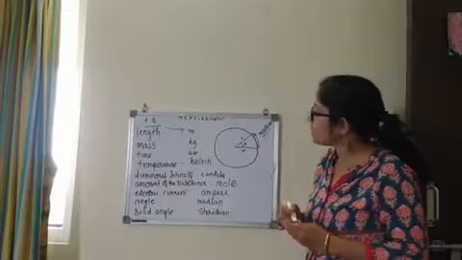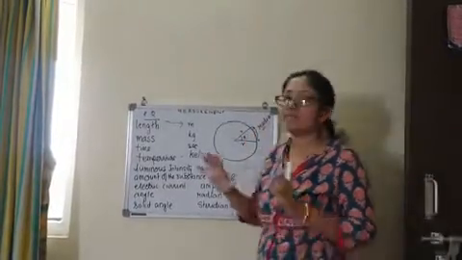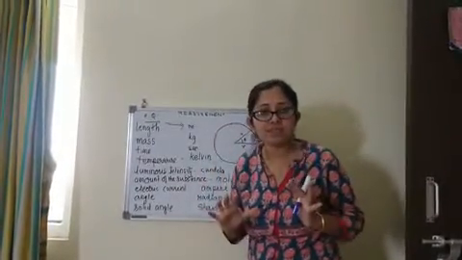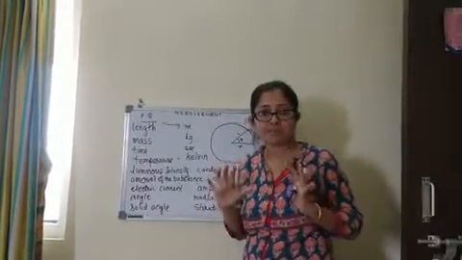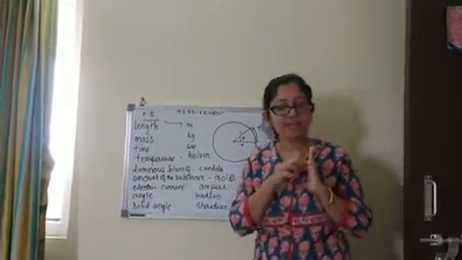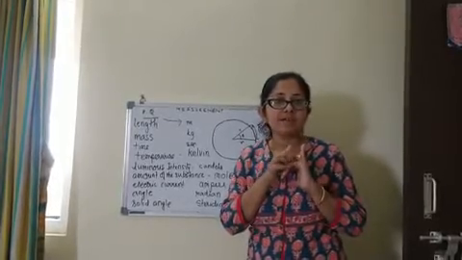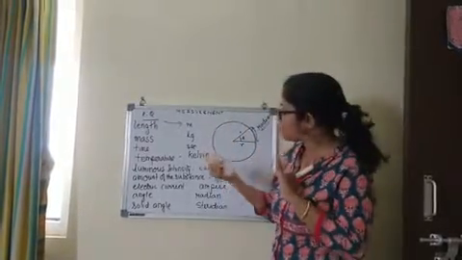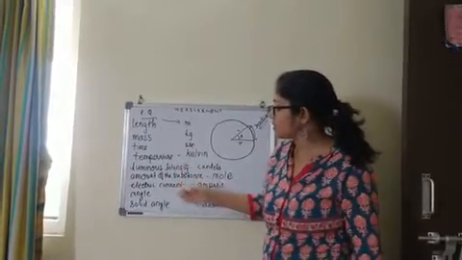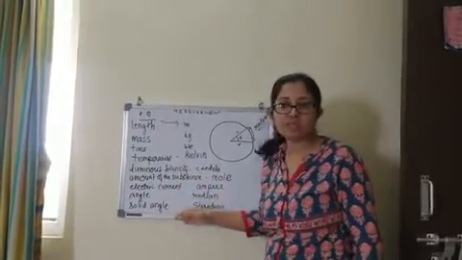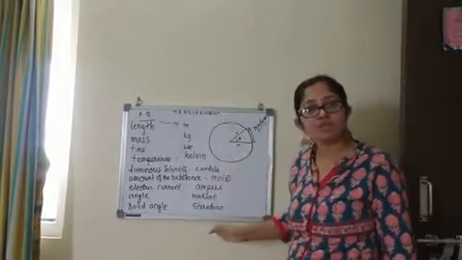Basically you just need to know that the basic quantities are 7 quantities. What are they? They are length, mass, time, then there is temperature, luminous intensity, amount of the substance, electric current, angle, solid angle. You need to know their units.